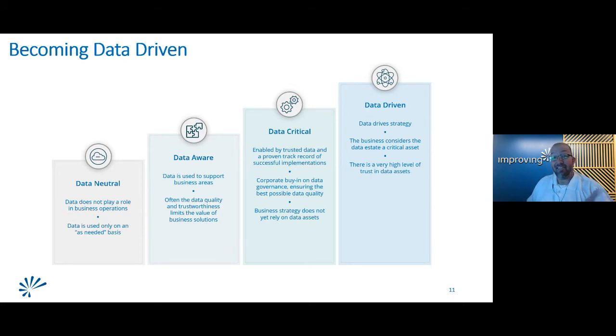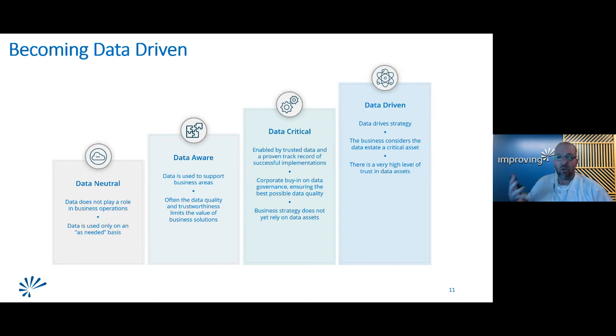Data critical is taking the step further. That's when you do really require your data and you'd like it to be trustworthy. You need clean data. It might not be driving your business yet, but it is a critical part of it. Data driven is the end state. Full maturity, this is the utopian state of a data driven organization.